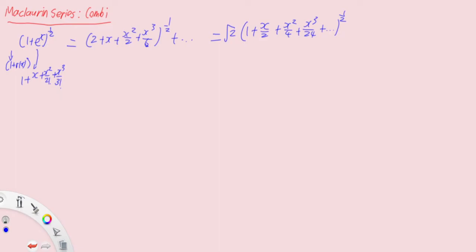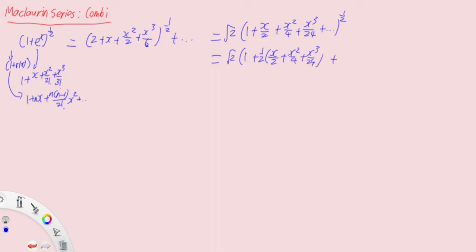Okay. Now I just perform the expansion with root 2. Now following the formula, 1 plus f(x) to the power n is basically 1 plus n f(x) plus n(n minus 1) over 2 factorial f(x) squared, and so on and so forth. So we just follow this. We get 1 plus half times f(x), where f(x) is x over 2 plus x squared over 4 plus x cubed over 24.